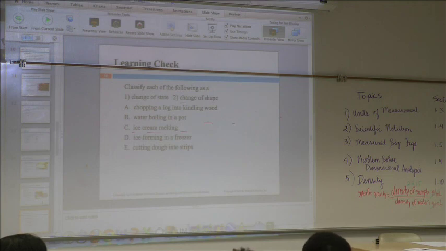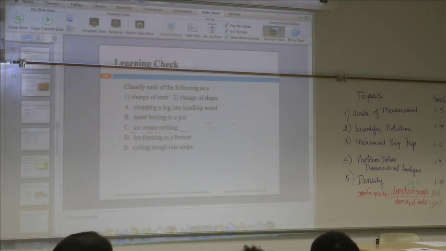Change of state, right? What do you mean change of state? It changes from a solid to a liquid, right? So we're chopping a log, so we have a log and we're chopping it, so it is a change of shape, not state, right? Water boiling? Change of state. Ice cream melting?